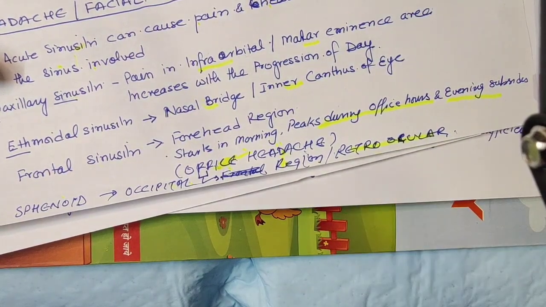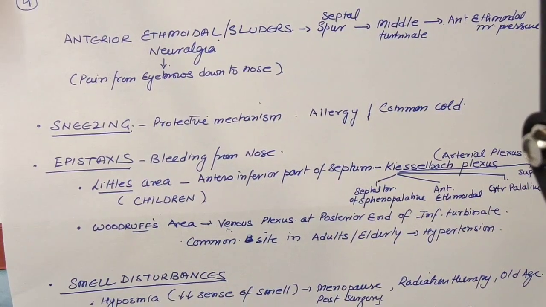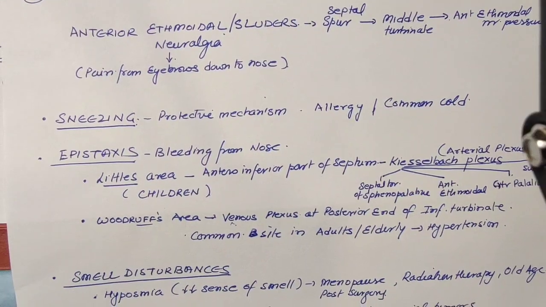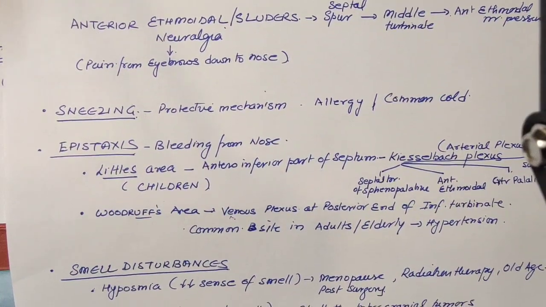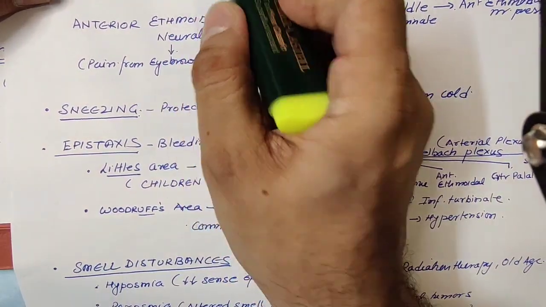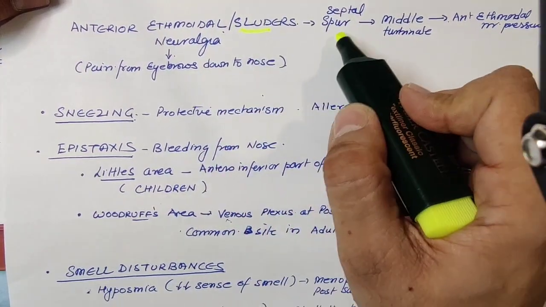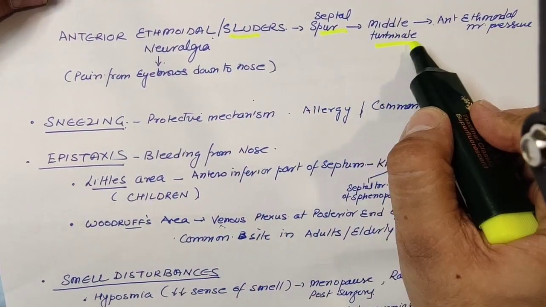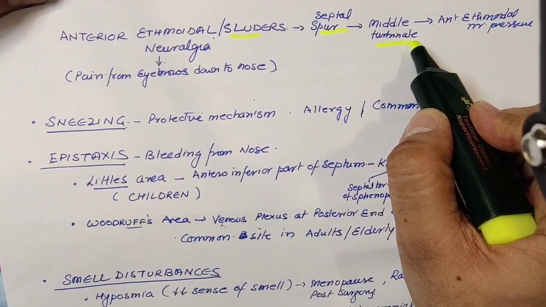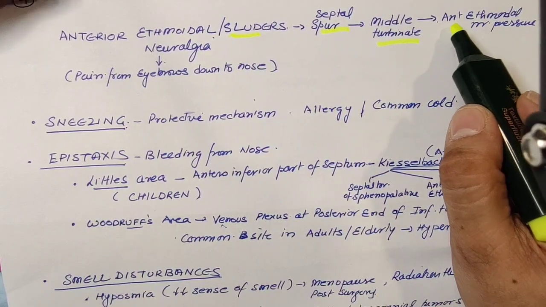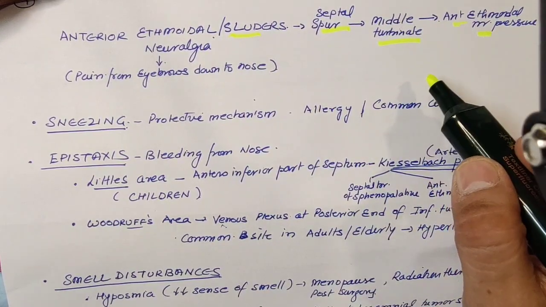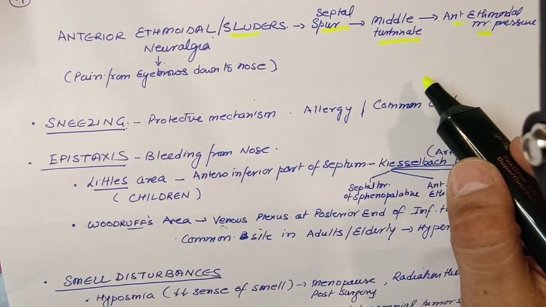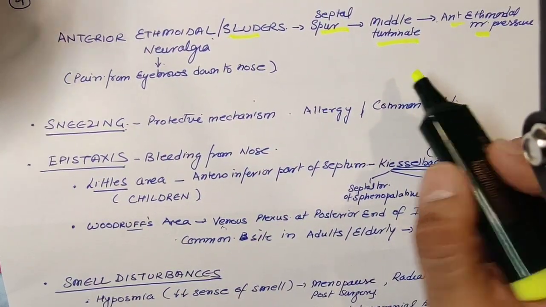All right. So then another important pain that we know of is called anterior ethmoidal neuralgia or Schluder's neuralgia, and that is where, when there is a septal spur and if it is impinging upon the middle turbinate, it will cause pressure on the anterior ethmoidal nerve, leading to a pain in the area of the eyebrows and down to the nose area.